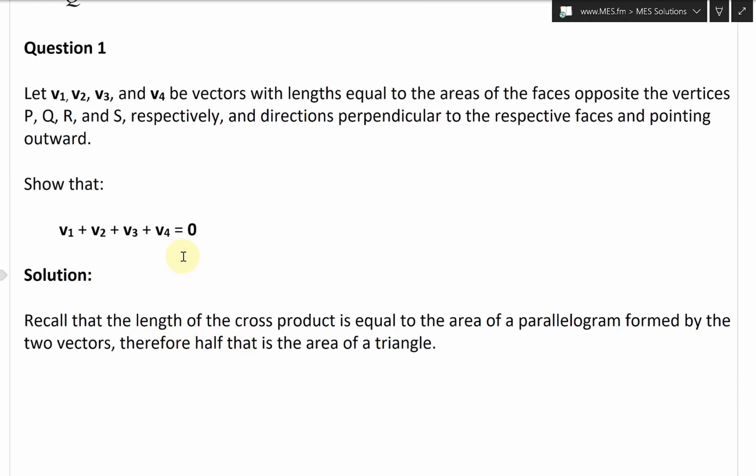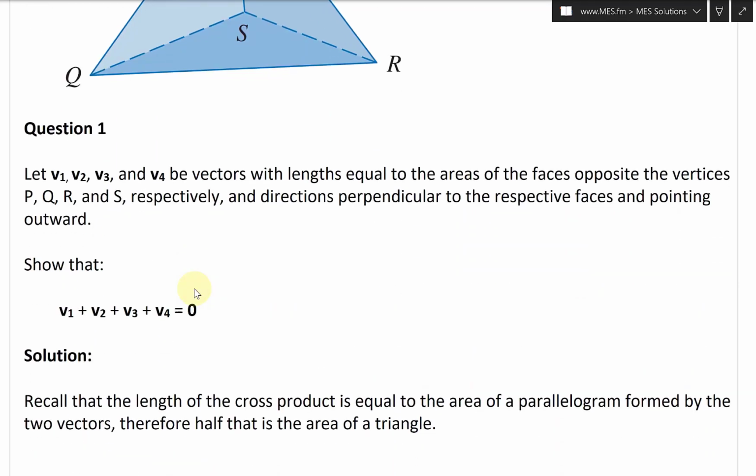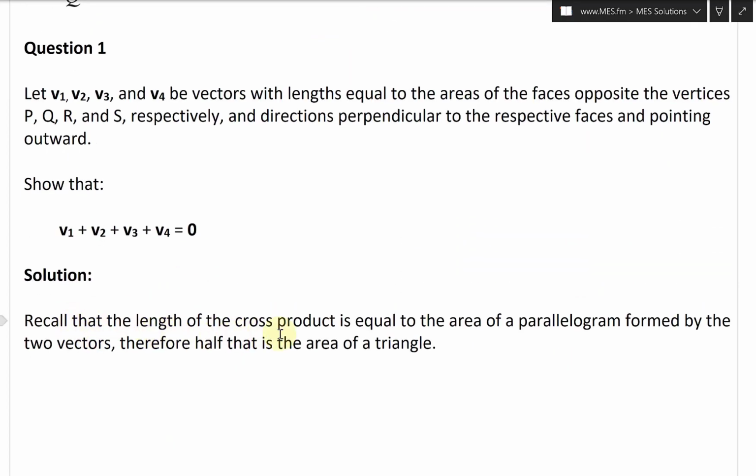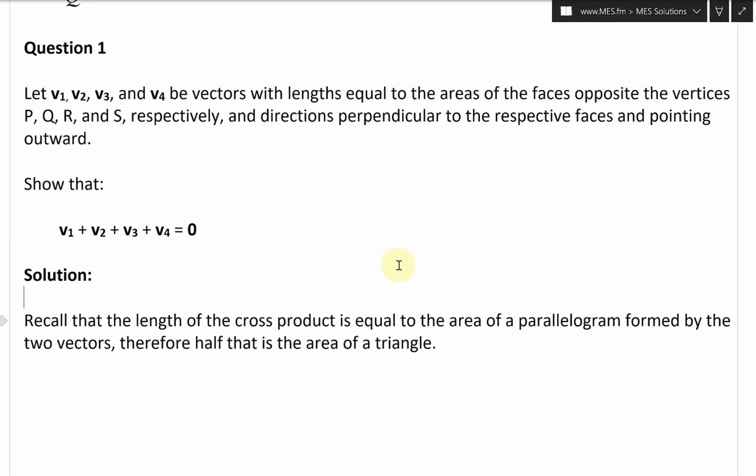First of all, because we're dealing with the areas of the faces, which are triangles, recall that the length of the cross product is equal to the area of a parallelogram formed by 2 vectors. Therefore, half that area is the area of a triangle.